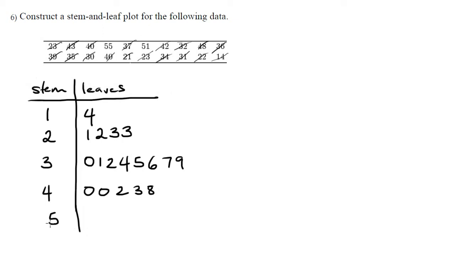And then 50s. 51. 55. So here I have 1, 2, 3, 4, 5, 6, 7, 8, 9. I have 20 values, right? So if I count here, that's 5, 6, 7, 8, 9, 10, 11, 12, 13, 14, 15, 16, 17, 18. I've got all 20 here. So there's my stem and leaf plot.